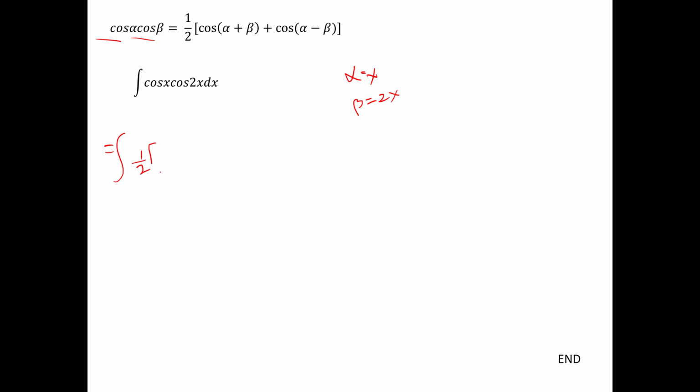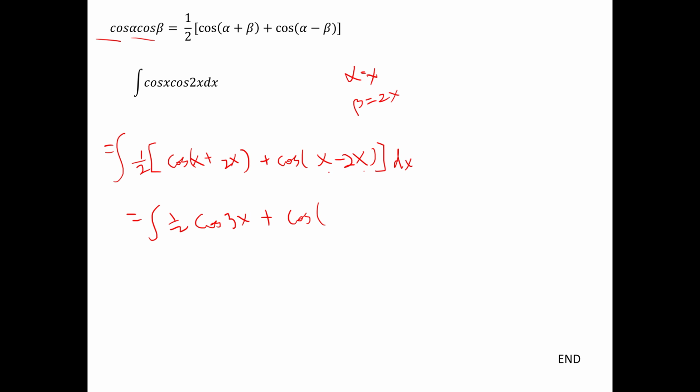Formula 1/2 cosine x plus 2x plus cosine x minus 2x, that is 2x dx, and then 1/2 cosine 3x plus cosine, here is a negative x, right? But it also equals just cosine x, so dx.